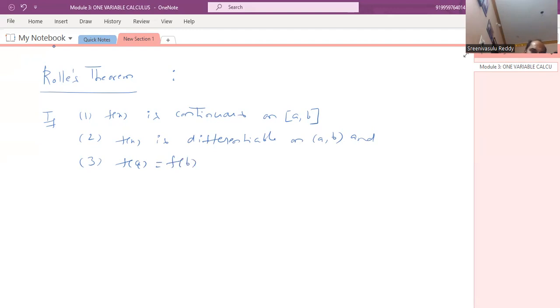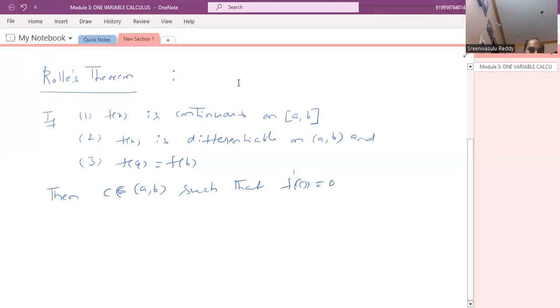If the function satisfies these three conditions, then there exists a point C in the open interval a comma b such that f dash c equal to 0. Here you see, these three conditions are the hypothesis.